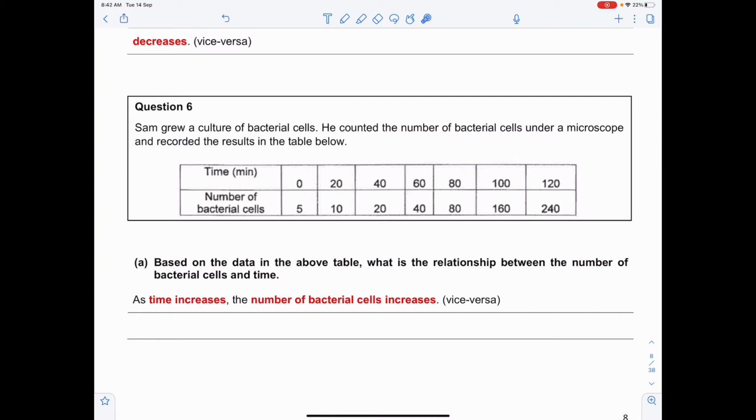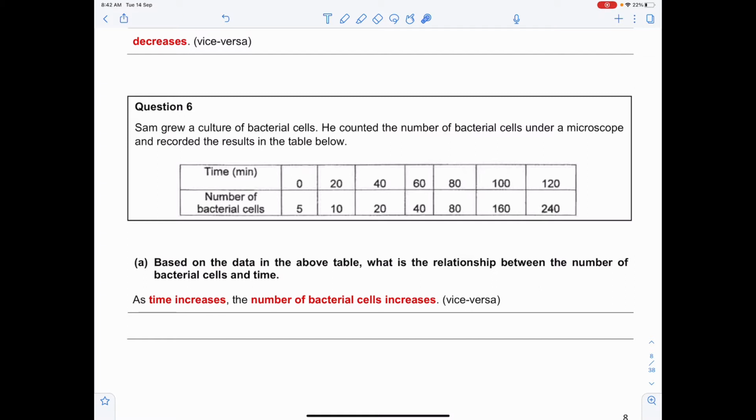One is talking about percentage of oxygen and one is talking about the number of red blood cells. So you need to find out what is the commonality between the two. And you will realize that the commonality is the increasing sea level. So because of that, you need to see how it affects each.